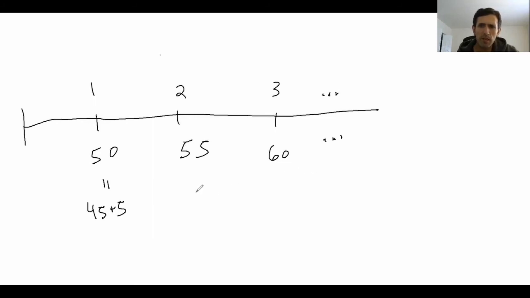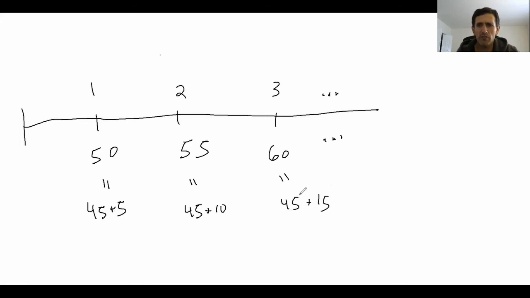So let's write this as 45 plus 10, 45 plus 15, etc. This trick works where you take the first payment and subtract 5, because each subsequent payment increases by $5.